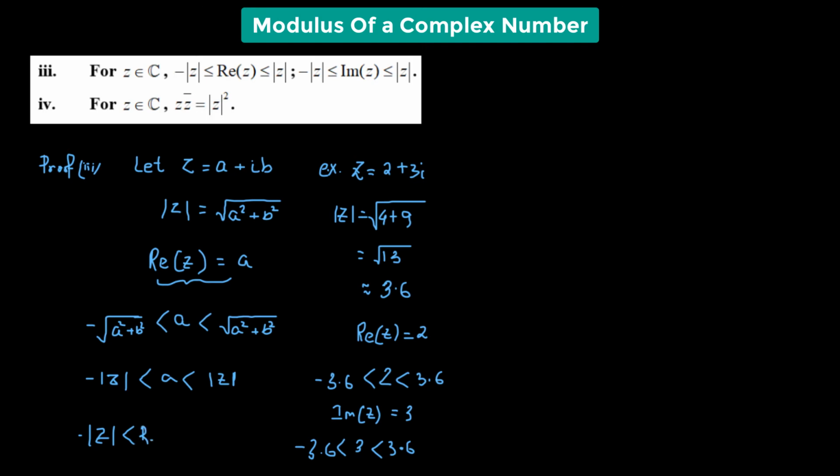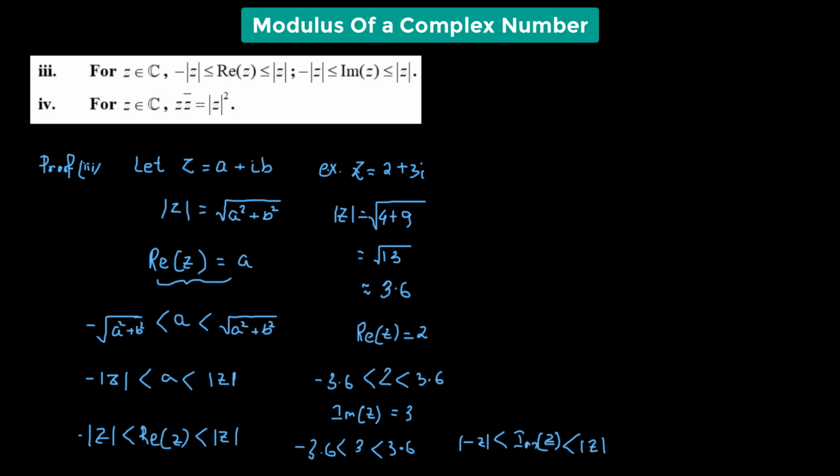The real part of z lies between negative |z| and positive |z|, and the imaginary part of the complex number z also has its value lying between negative |z| and positive |z|. So this is proof number 3.